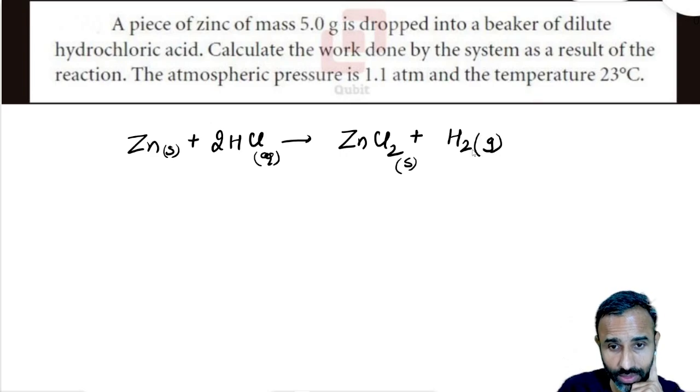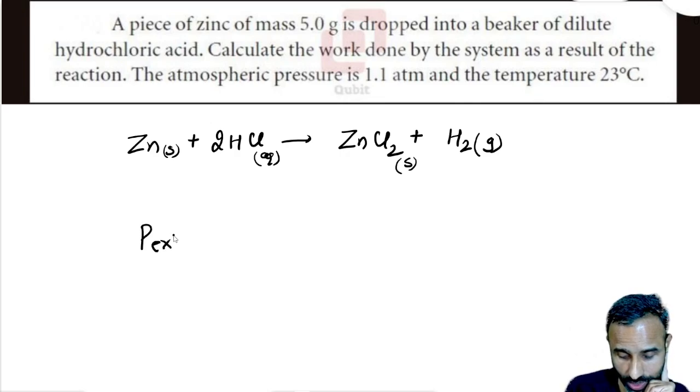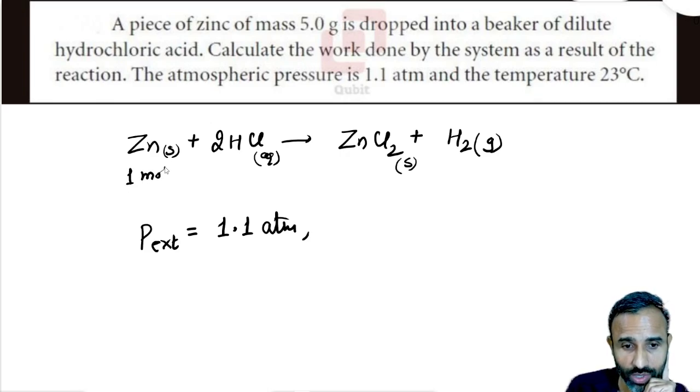Now the external pressure is given to you, 1.1 atmosphere, and if it is 1 mole of zinc, then hydrogen produced is 1 mole.